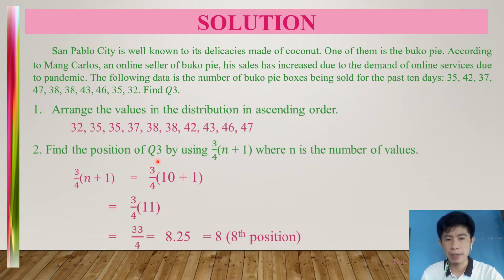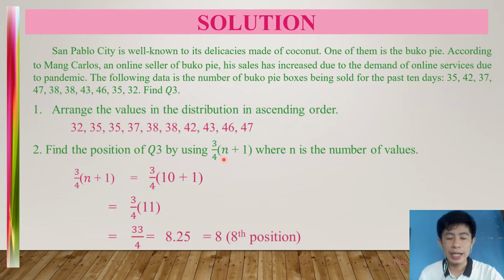Okay, next. For number 2, we need to find the position of quartile 3. So, in these numbers, which one is our quartile 3? We will look for that position by applying the formula 3/4 times the quantity n plus 1, where n is the number of values. So, this is the formula in finding the position of quartile 3.